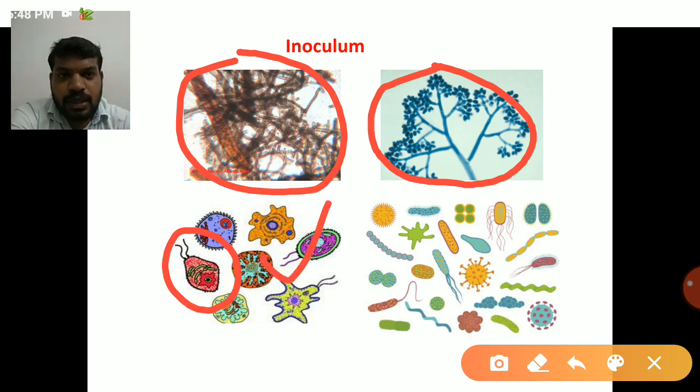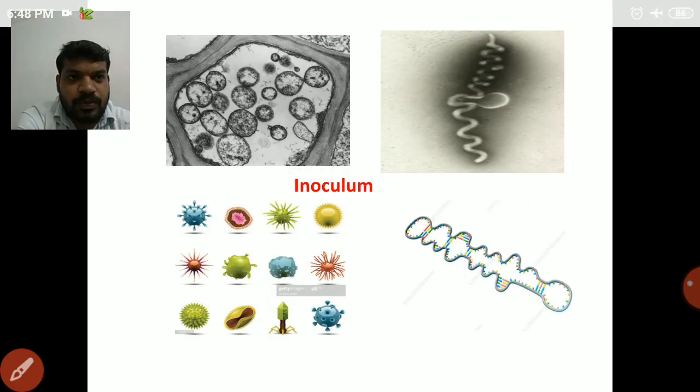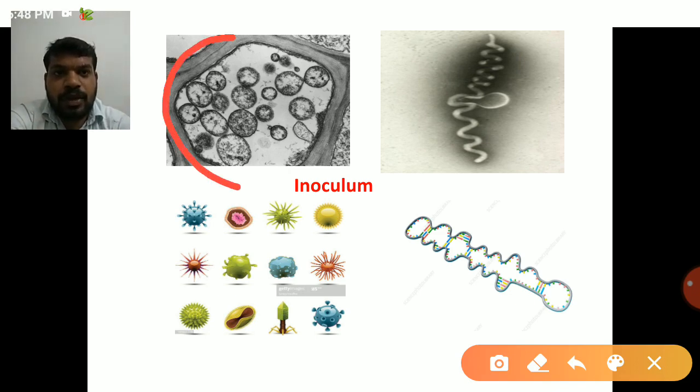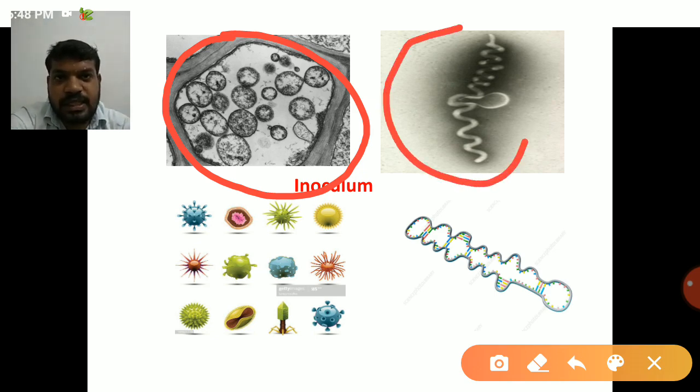So this is your protozoa. Next picture is your bacteria, different types of plant bacteria. The topmost picture represents the phytoplasma, Candidatus phytoplasma. Next one is spiroplasma, a helical-structured bacteria that is also wall-less.